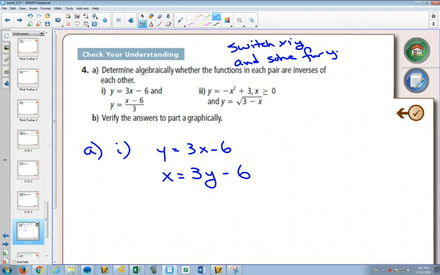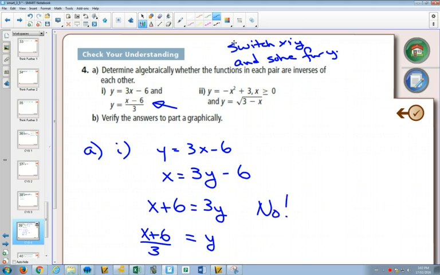So I'd add 6 to both sides, divide by 3. So the equation of the inverse should be x plus 6 all divided by 3. Does that match with what they've given us as the second equation? No. So no, these are not inverses of each other.